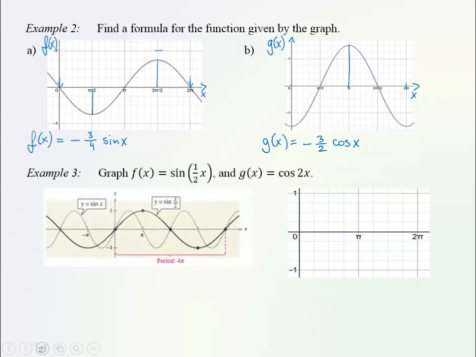In the following exercise, we want to investigate how the period is influenced by multiplying the input by a certain constant. Let's recall the facts from transformation of graphs that if we multiply the input by a certain constant, the graph will be stretched horizontally by the factor of the reciprocal of this constant.